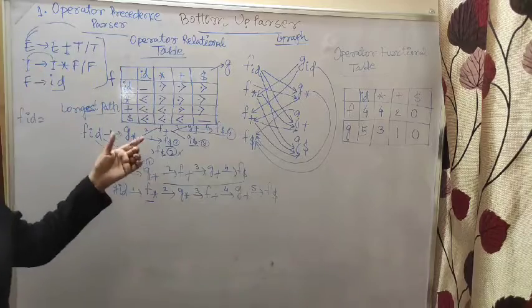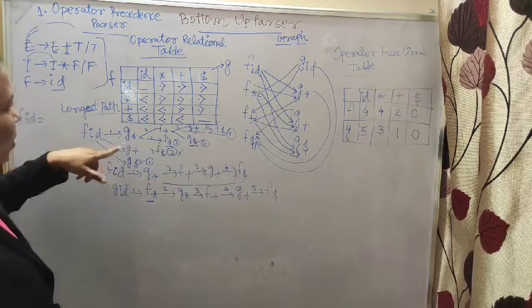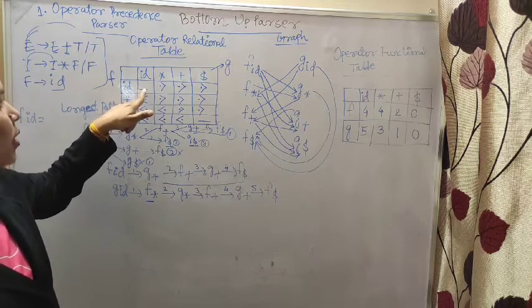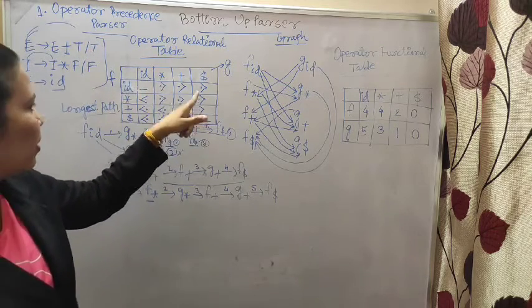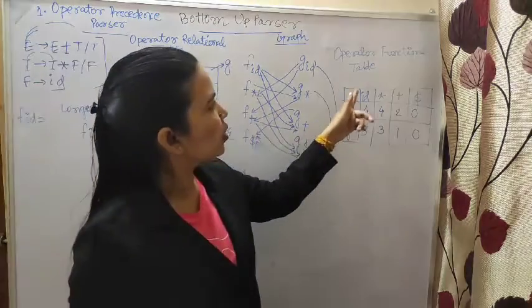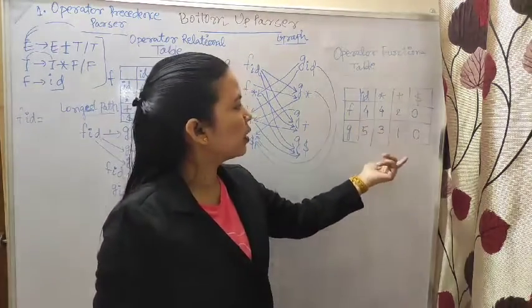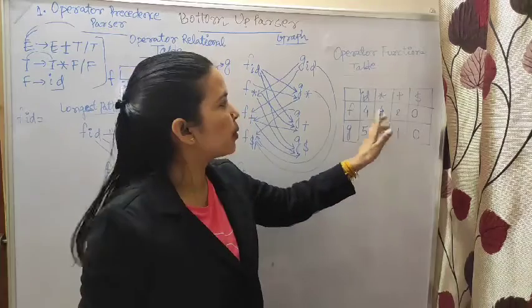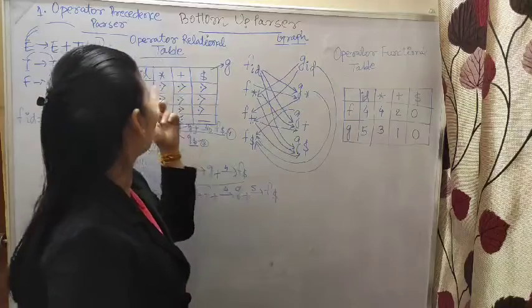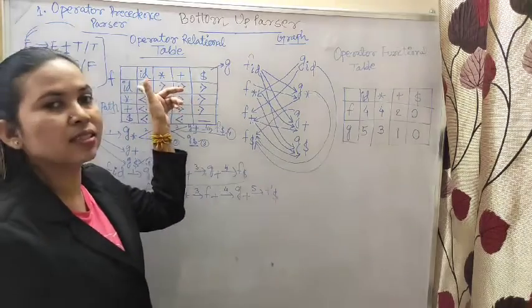Okay, now you can see here ID to ID is a null entry, and dollar to dollar is also a null entry. But in the operator functional table, everything is accepted. Error also, because ID to ID is a null entry.